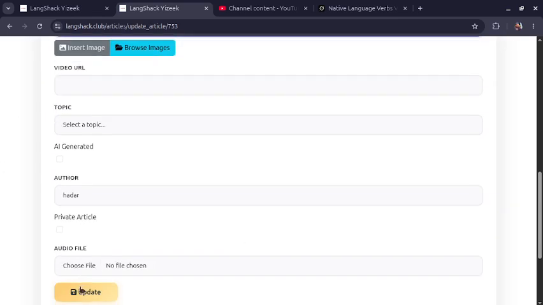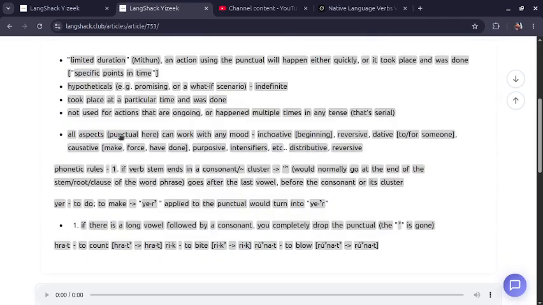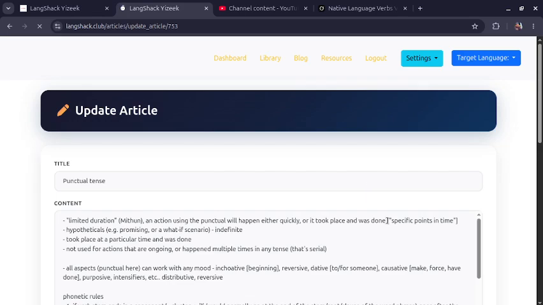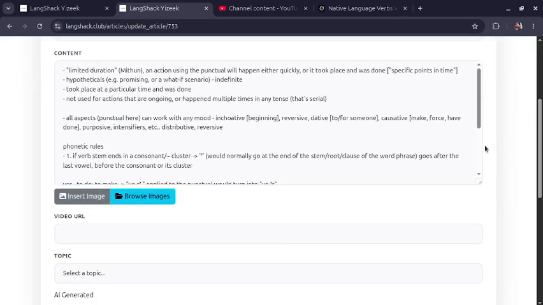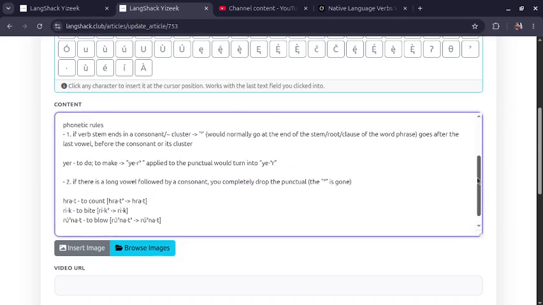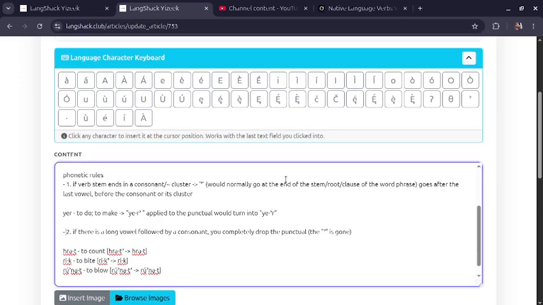Let me just make sure, because there's a limited amount of time. Okay, cool. So we have all of our rules here, and I gotta format this because the formatting is not the best on this text editor. All right. So that's it for the main rules.